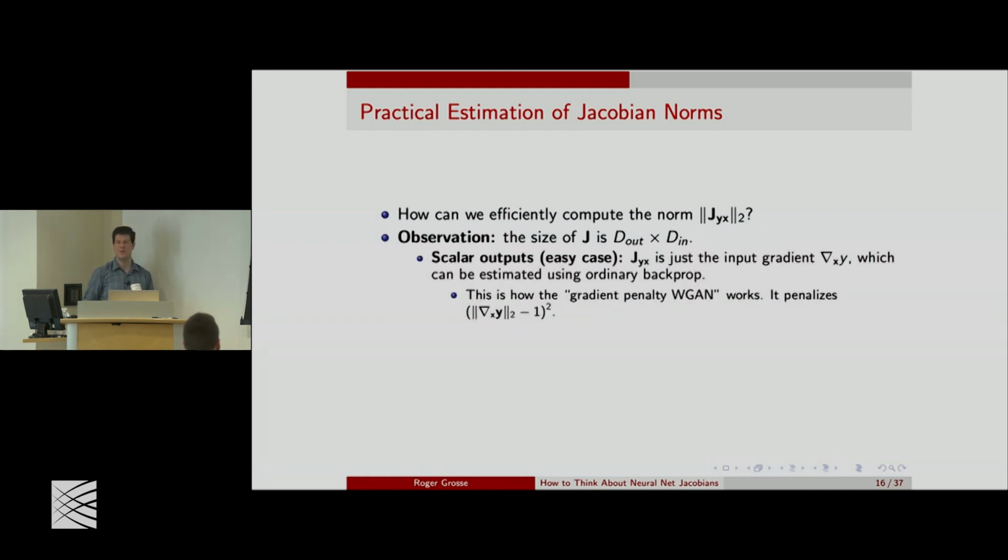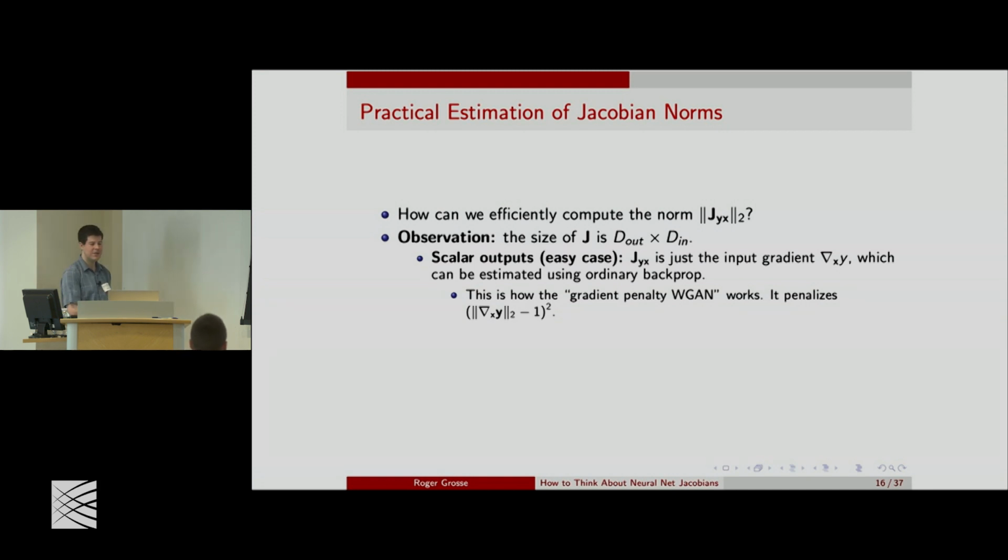But there's one case where it's fairly easy, which is if the network has a single scalar-valued output. In that case, the Jacobian is just the input gradient, the gradient of the scalar output y with respect to the input x. That's basically the thing you compute with ordinary backprop. So if you're living in that world, then computing the 2 norm or any other norm of the Jacobian is fairly easy because you can just compute the Jacobian using backprop.